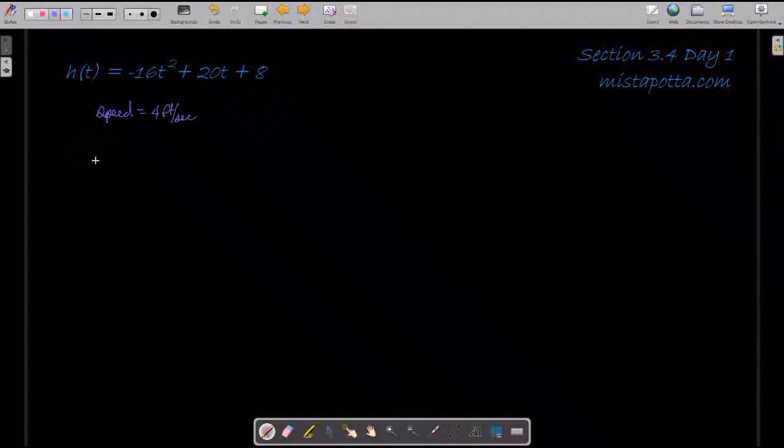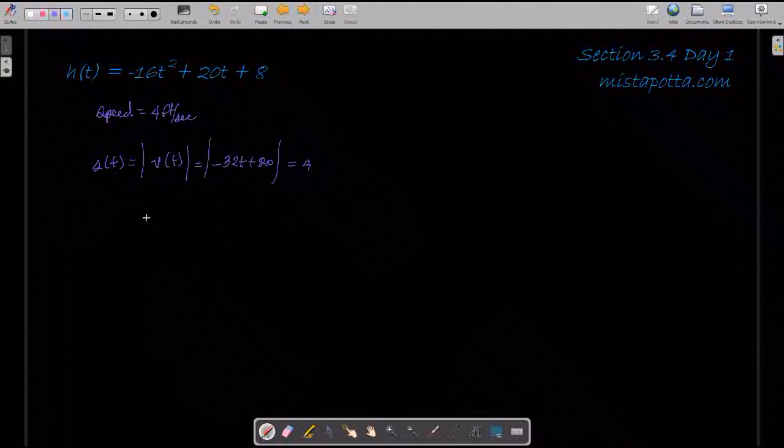I'm really using my speed function, which we said was the absolute value of my velocity function, or the absolute value of negative 32t plus 20. So I really want to know when this equals 4.